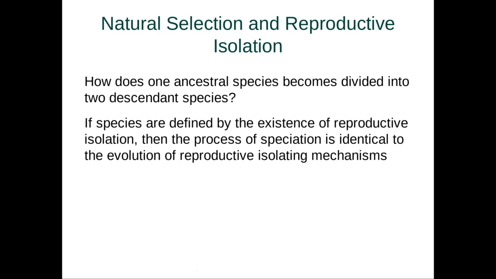Which means that if what separates two species of insect is the shape of their genitals, well, there has to be an evolutionary natural selection based track to lead to the development of two different sets of genitals. So that's what we're getting at there.